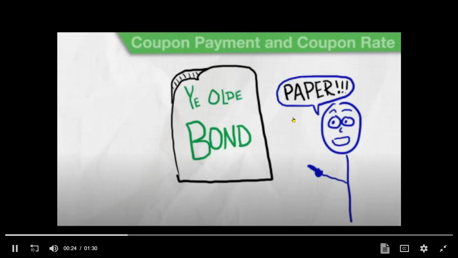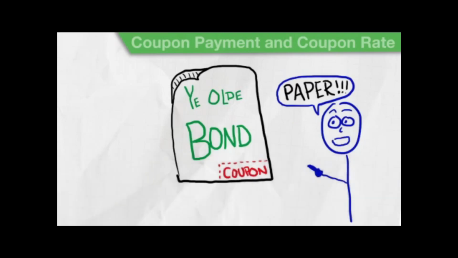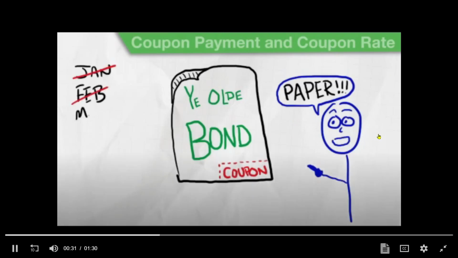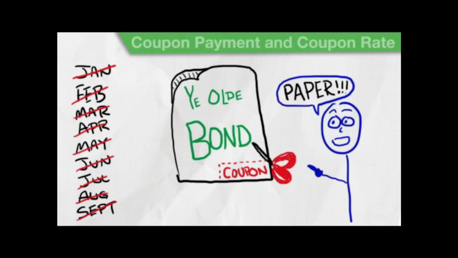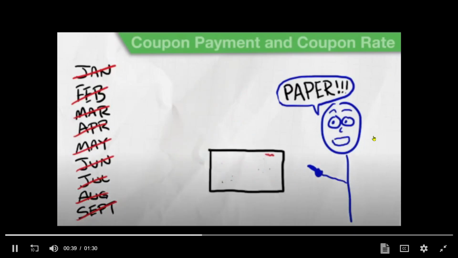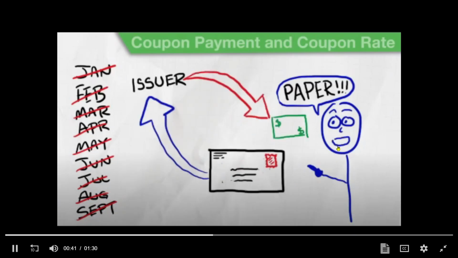And what they would do is at the bottom of each bond, there would be a little coupon. And what would happen is every period, whether it's every year or if the bond paid interest every 6 months, the bondholder would clip out that coupon and send it to the bond issuer, and they would get sent back their interest payment, right? They would get paid their coupon payment.